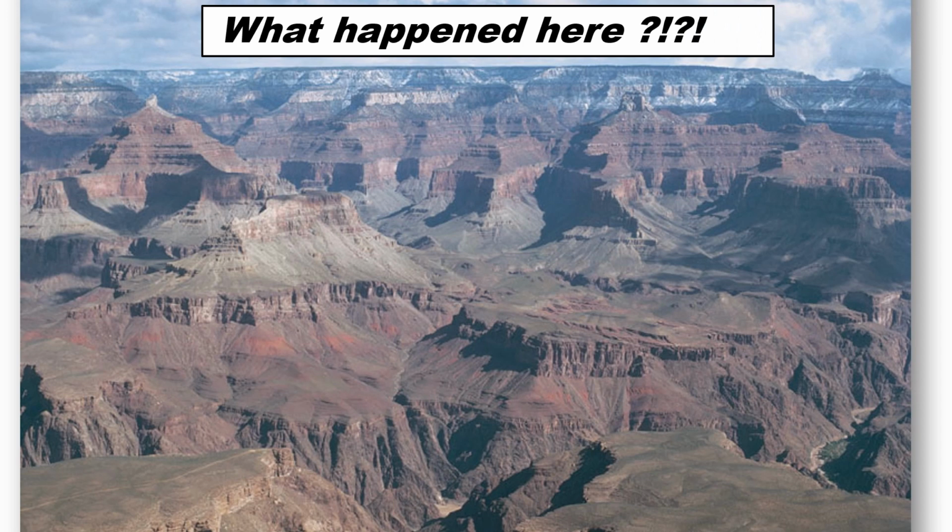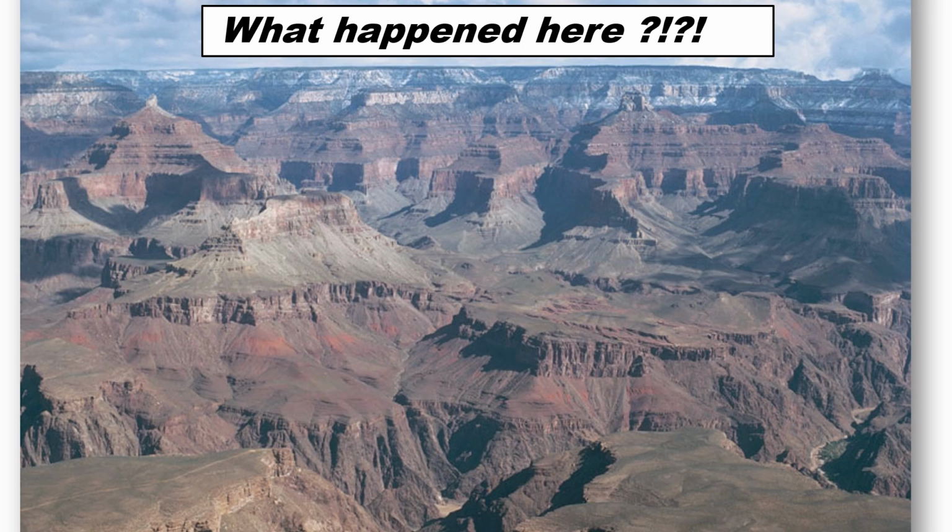Well, what happened here? If you'll give a listen to the natural environment, the natural history of the Grand Canyon in this case is just screaming out at you that at one time this area was an ocean and sediments were laid down and they were hardened into sedimentary rock.